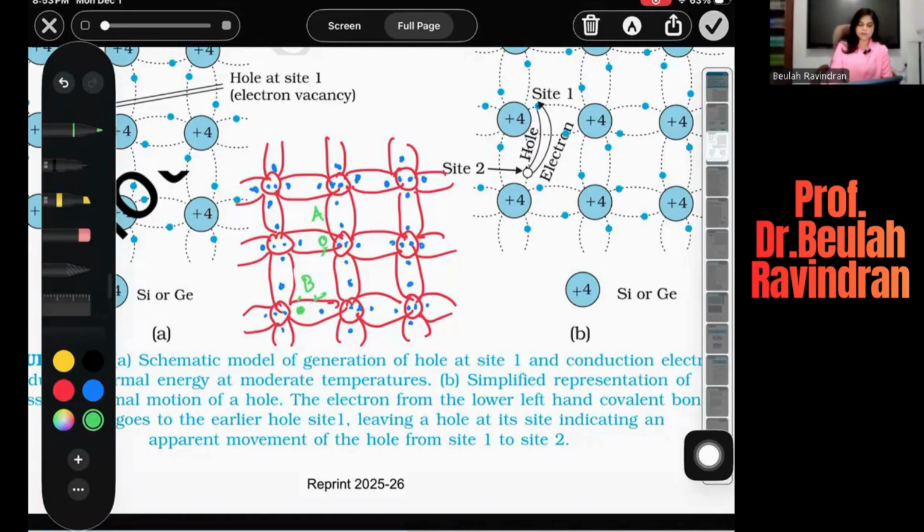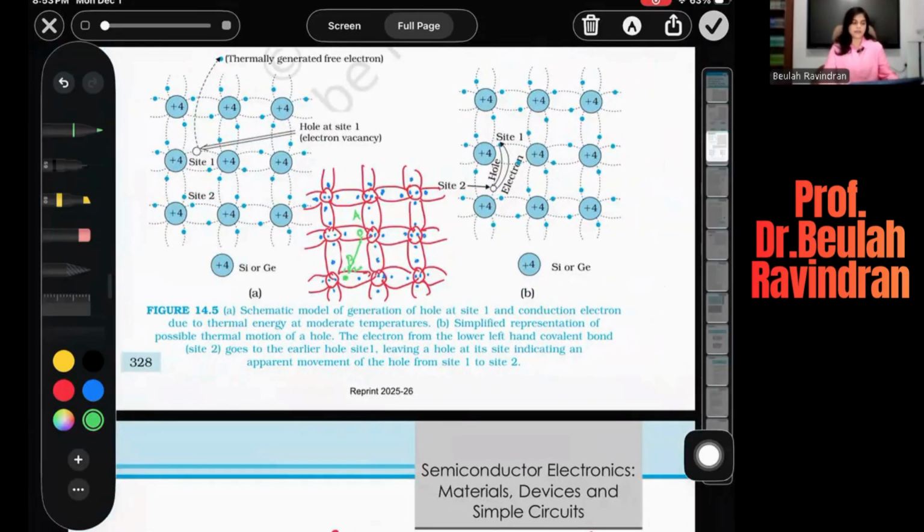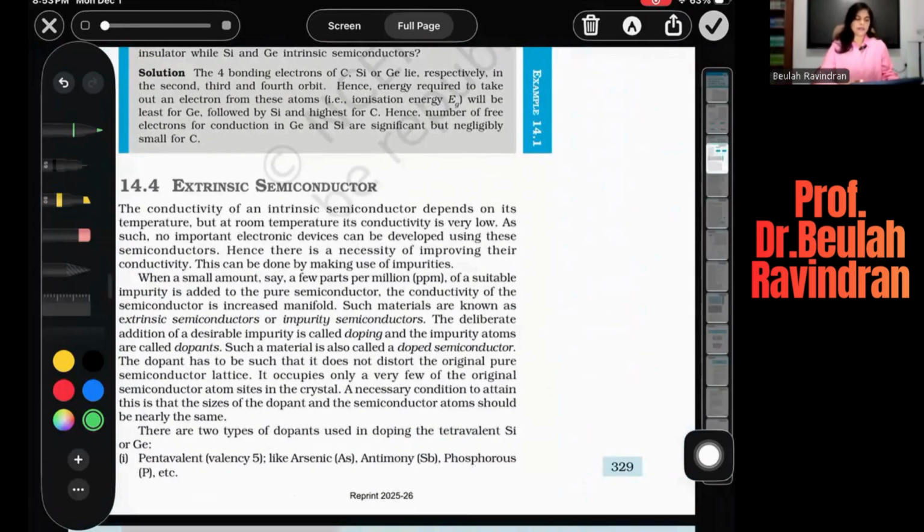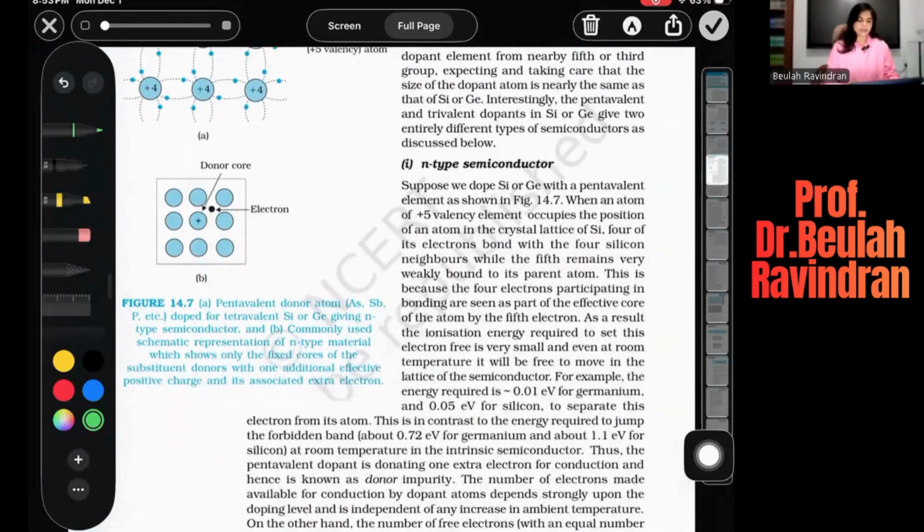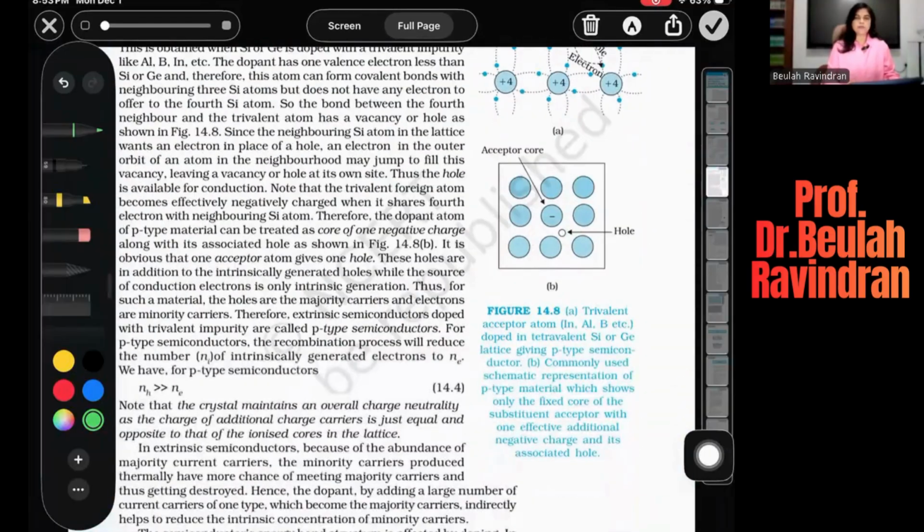So both are possible. You can see the hole is also traveling, the hole also moving. So there are two currents you have learned in an intrinsic semiconductor. We'll learn about the extrinsic semiconductor in the next video. Thank you.